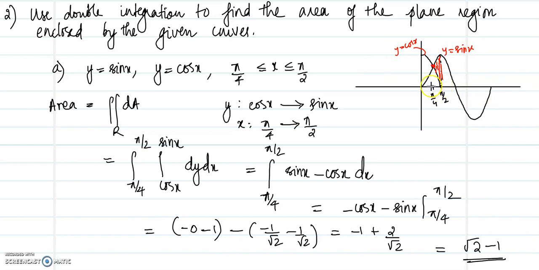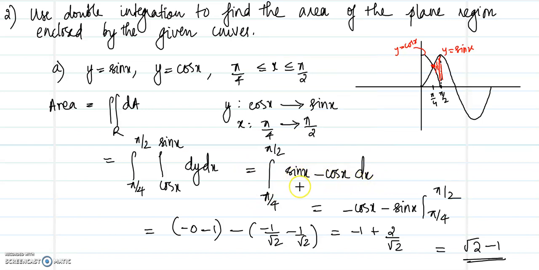So the area integral will be the integral from pi by 4 to pi by 2, the integral from cos x to sin x, dy dx. Upon integrating with respect to y, we get y itself, applying the limits from cos x to sin x. So we will get the integral from pi by 4 to pi by 2 of sin x minus cos x dx.